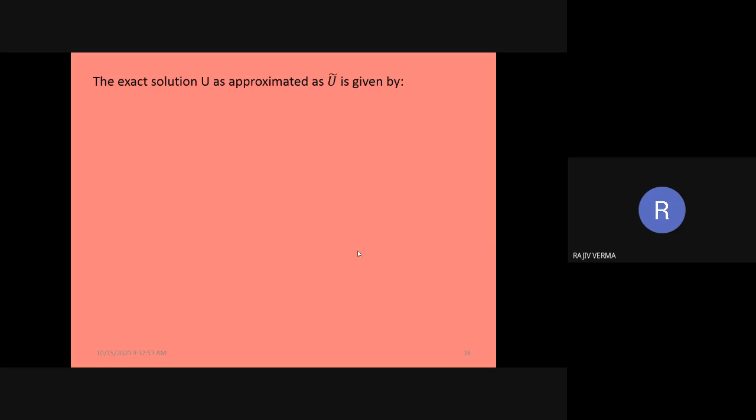So the exact solution is represented by u, and the approximate solution is represented by u bar, which is on display. The approximate solution itself is given by the polynomial which we have developed in the previous slides.